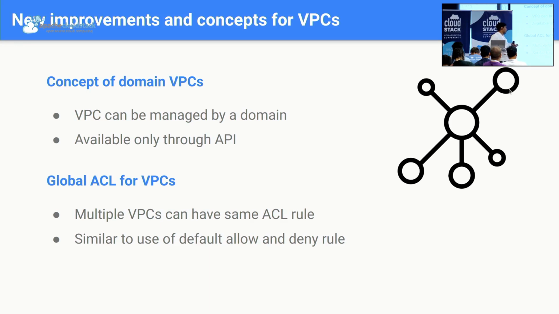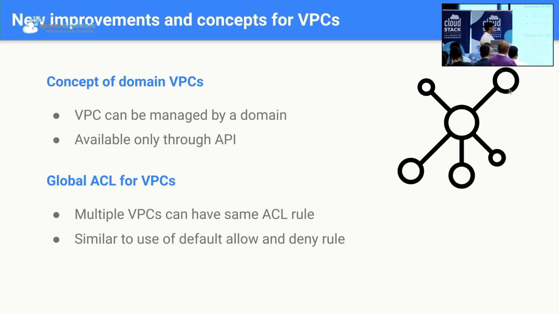We have a number of improvements to VPCs coming up in 4.19. We have the concept of domain VPCs, where a VPC can be owned by a particular domain, and then any account can deploy a network tier in that.